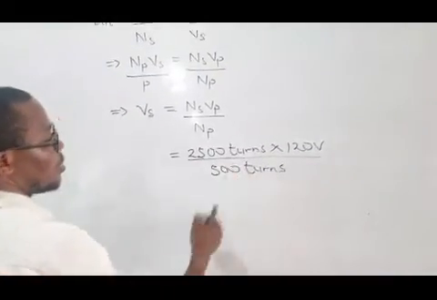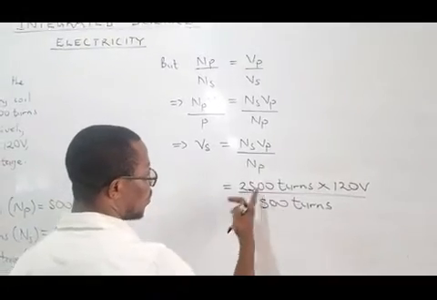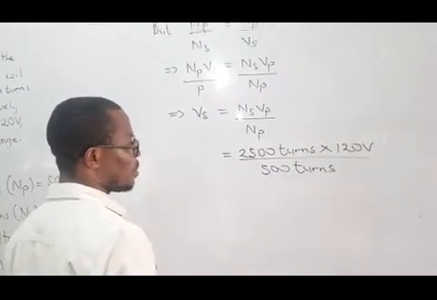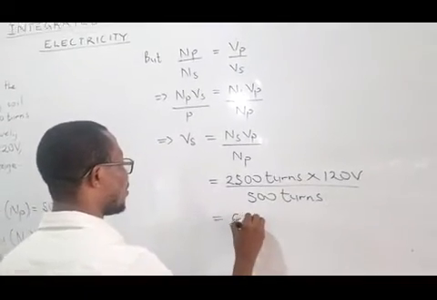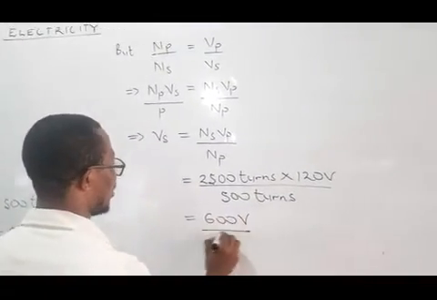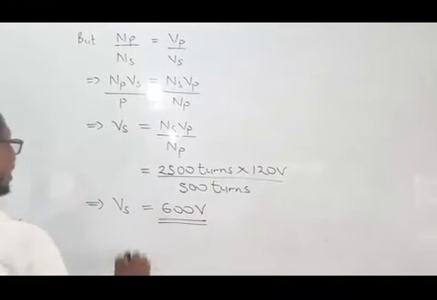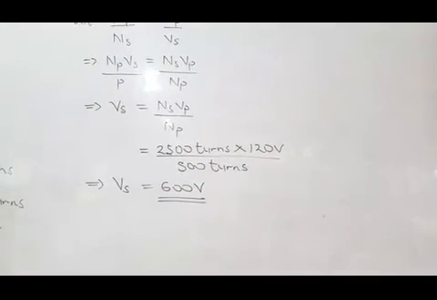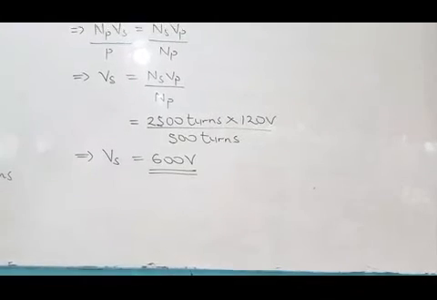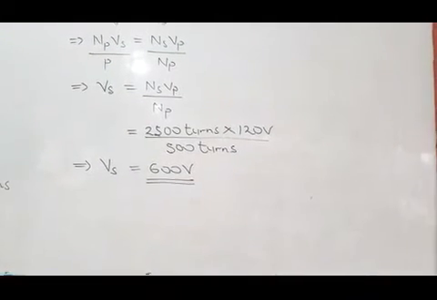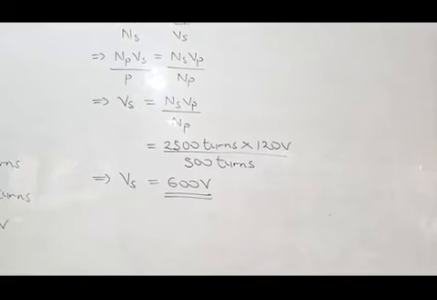So the turns cancel out. 500 will go into 2,500 5 times. So 5 times 120 will give you 600 volts. So the secondary voltage, or what we call the output voltage, is equal to 600 volts. And so that is for question 1.